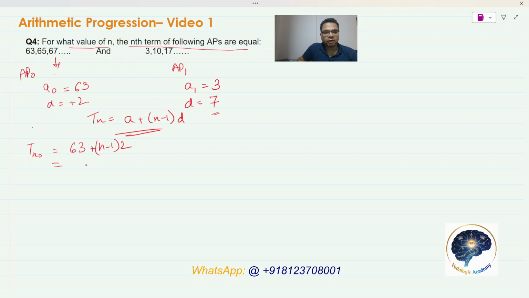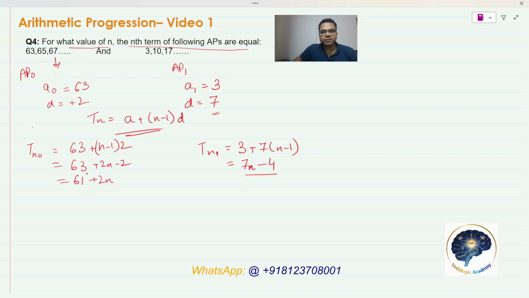Let me open the bracket now. 63 plus 2n minus 2, right? So it becomes 61 plus 2n. And what is the nth term for this one? It becomes 3 plus 7 into n minus 1. I hope it is clear till now. So I'll multiply 7 into n, open the brackets, and minus 7. So 3 and minus 7 becomes minus 4.